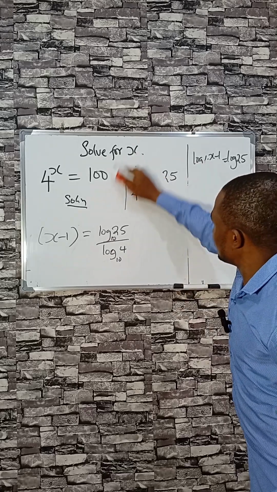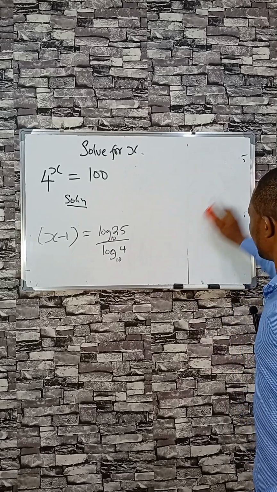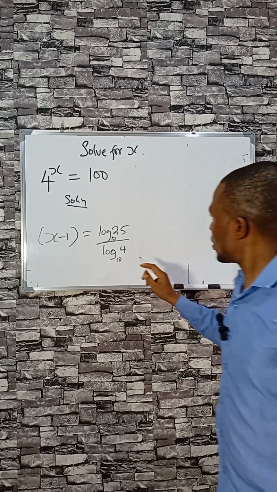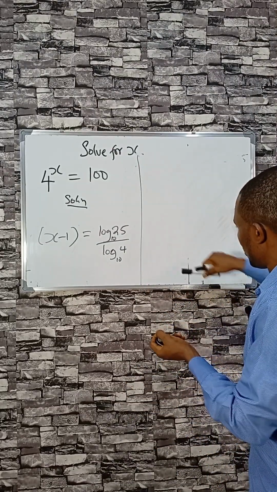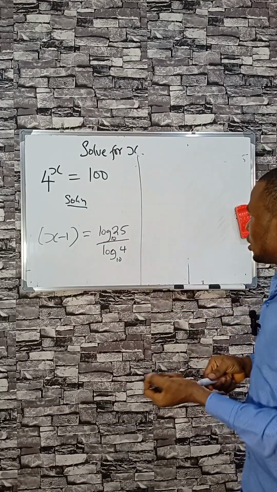Now, there's somewhere I'm going. If you check, we have 25 and 4 here.